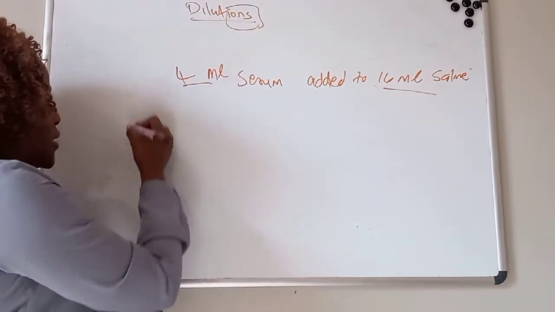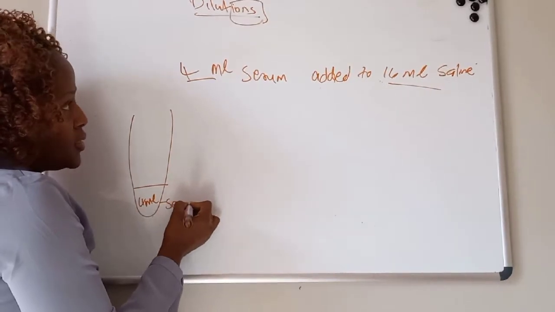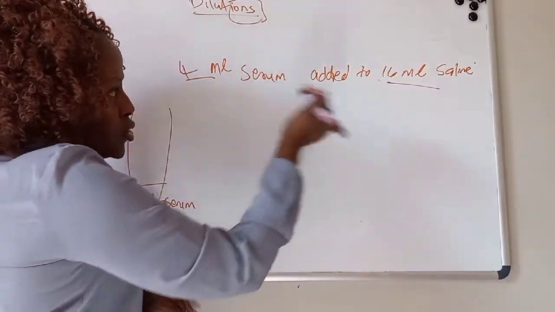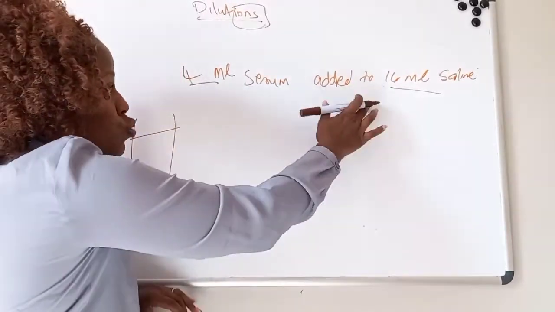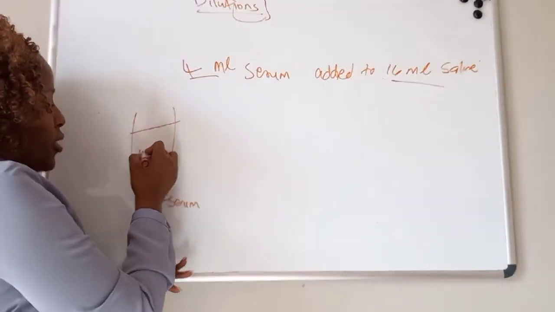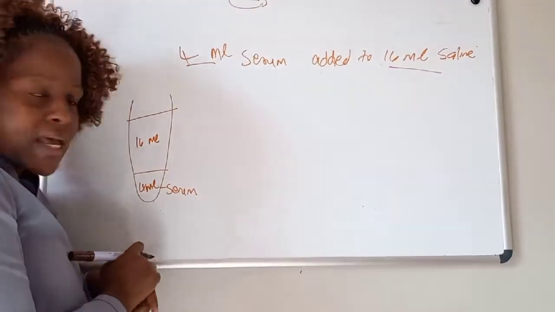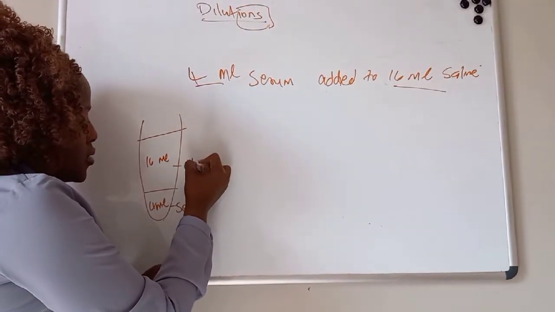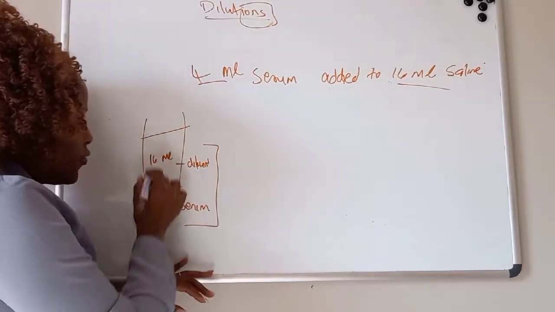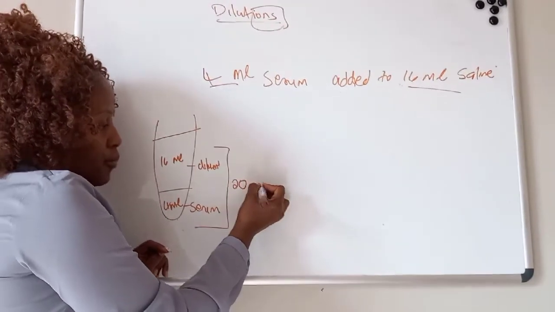They say you've added 4 ml serum to, you see, this is a ratio statement because it's not saying 'and' or 'in', it says 'to'. So it means you have 4 ml and you're going to have 16 ml because you added this to that, right? So this is the diluent. The total volume of these two, 4 ml and 16 ml, gives you 20 ml.